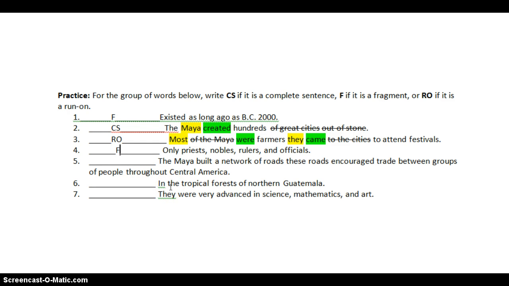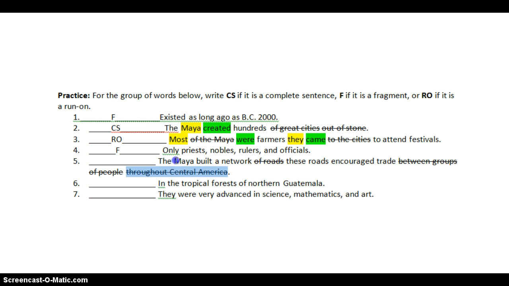All right, so let's go and knock out our prep phrases first. Once again, subjects and verbs cannot be in prepositional phrases. So of roads is gone. Between groups. And then of people is a separate one. And throughout Central America is also one. So we had quite a few prepositional phrases in this sentence.